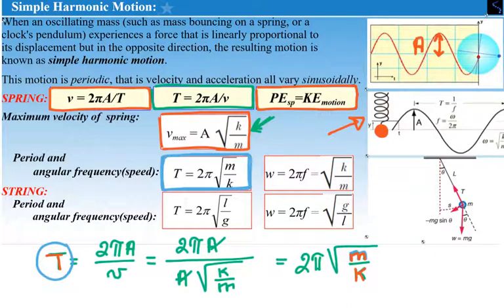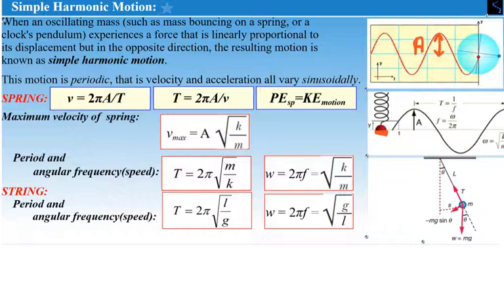So with a bigger k, you get less time for the mass to go back to the original position. So the spring and the mass is one type of periodic motion, and we just looked at these formulas and how to use them.